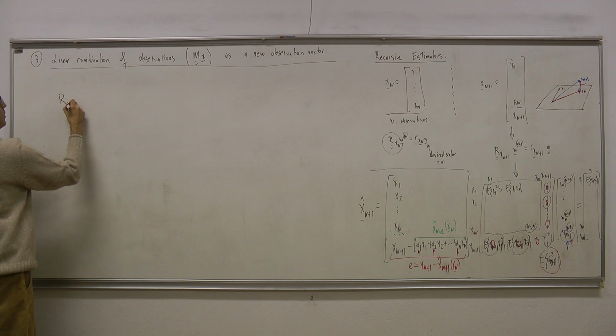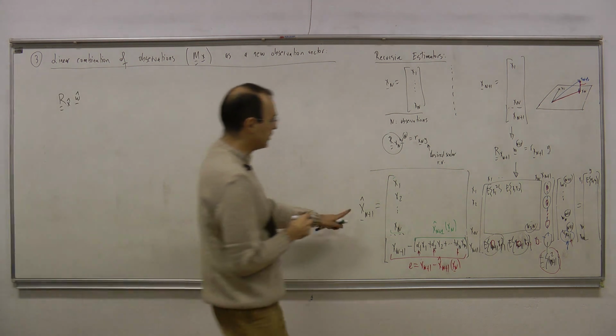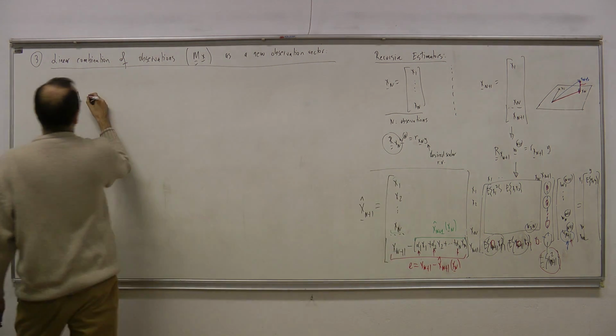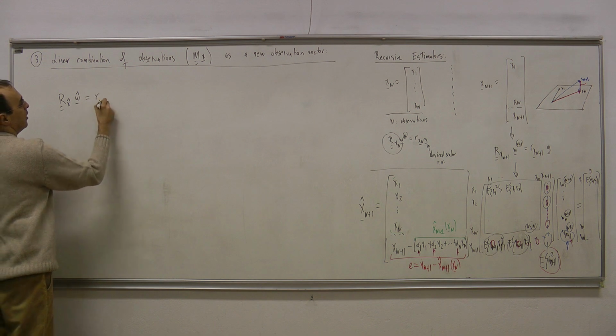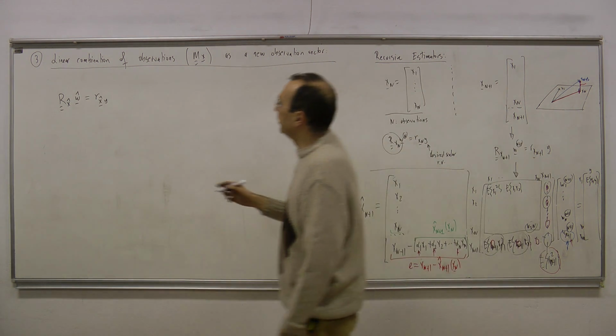So I need to find this equation. R_x hat W, let's say with this observation vector, W is equal to R_x hat and Y. Okay? So this is an n plus 1 dimensional problem.